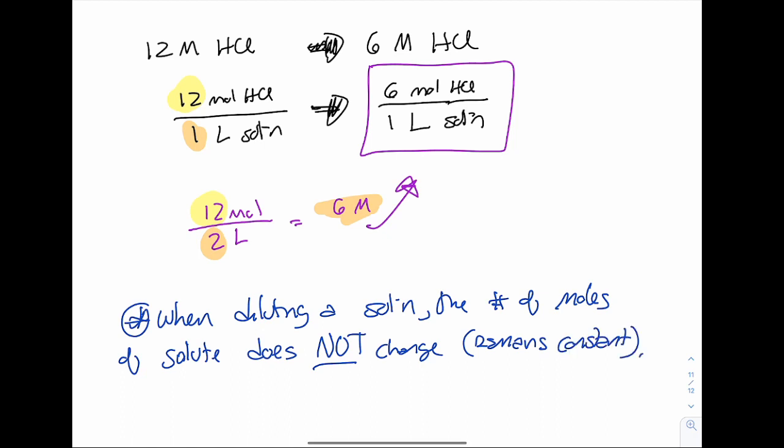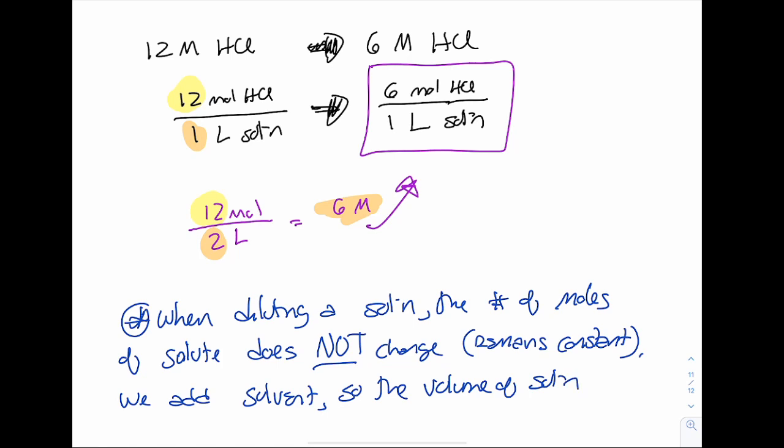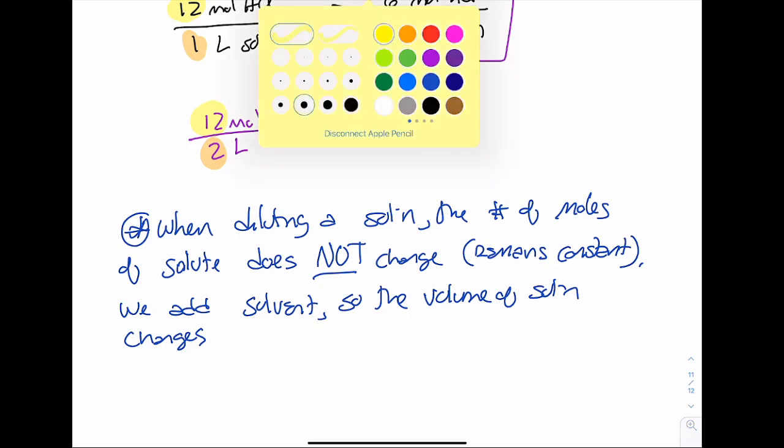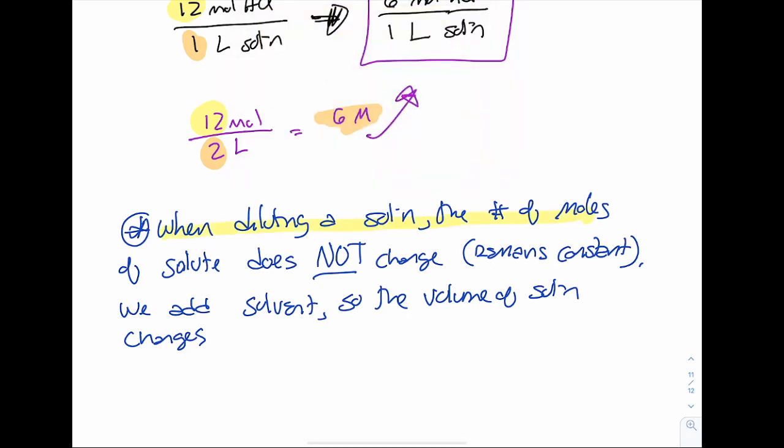What we end up doing is we add solvent, so the volume of solution changes, right? If the number on the bottom gets bigger, then when I divide that out, I have a less concentrated solution. So when diluting a solution, the number of moles of solute does not change. It's going to remain constant. And that is something that I ask you to know. So please pay attention to this. It's likely to show up as a multiple choice question at some point.